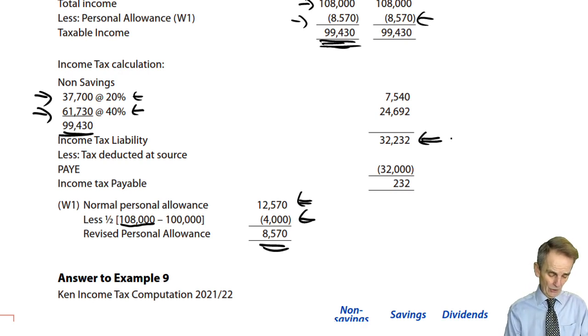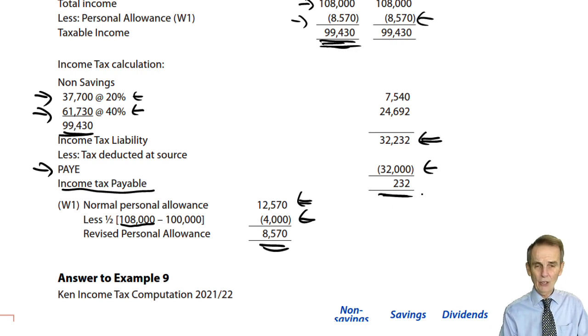The question asked for tax payable. That meant deducting PAYE, the given figure of 32,000, leaving just a mere £232 of tax still to pay through what we refer to as the self-assessment system, and would be payable by the 31st of January following the end of the tax year. All stuff that you'll be reading about when eventually you get to chapter 15.